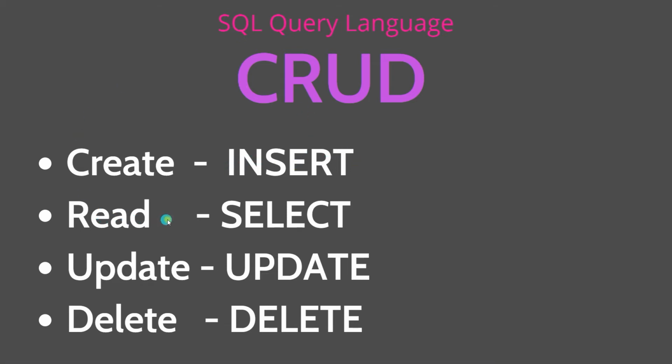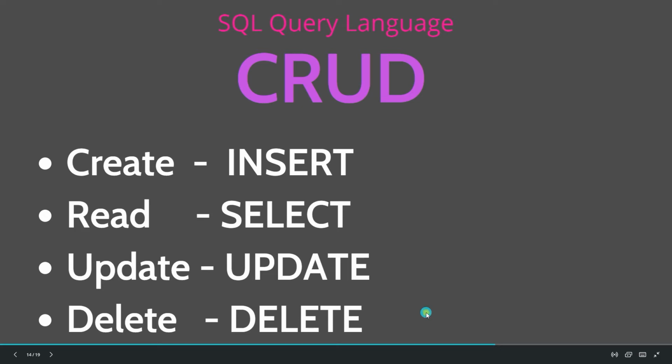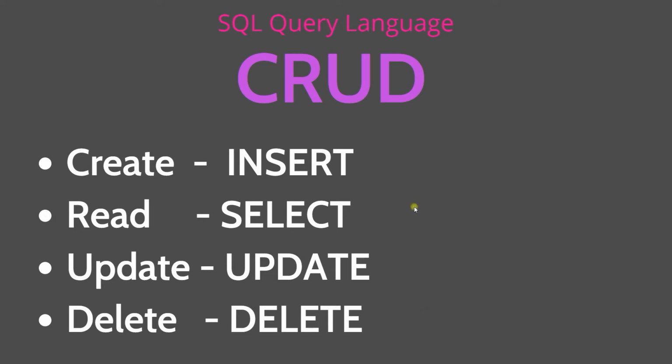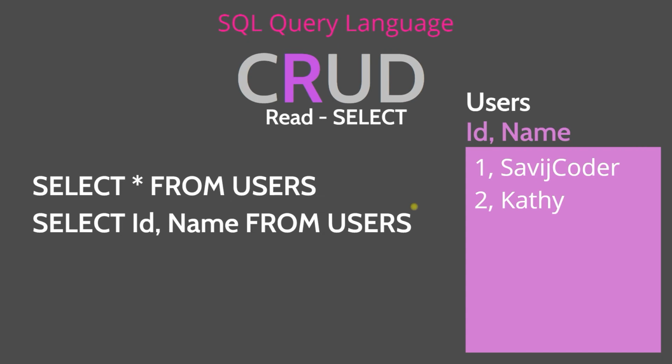When we want to read data from the database, we select that data out of the tables. When we want to change the data, we update with the update statement, and we delete with the delete statement. We are only going to focus today on the read, which is for selecting data out.